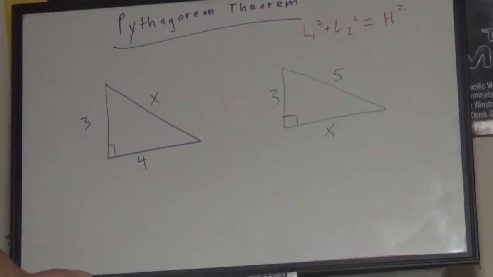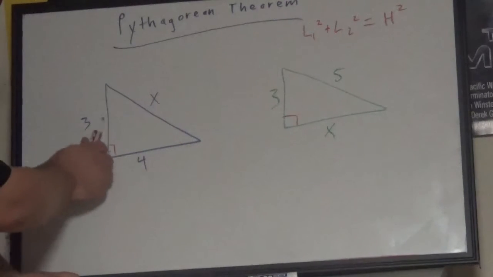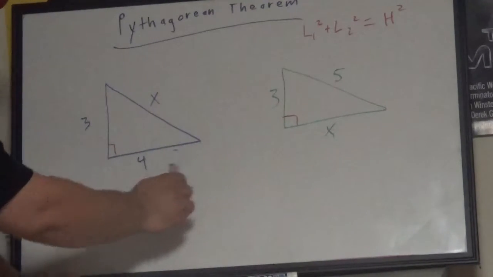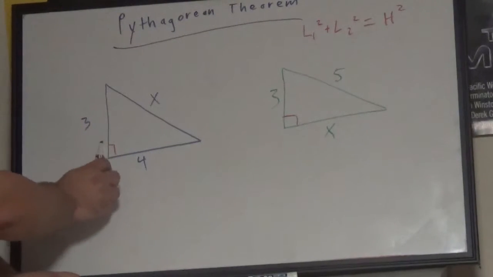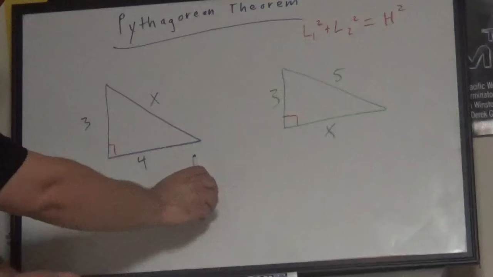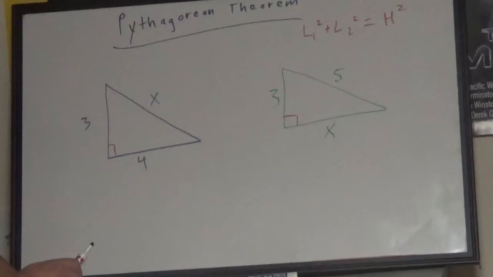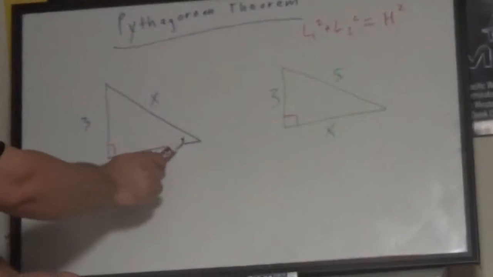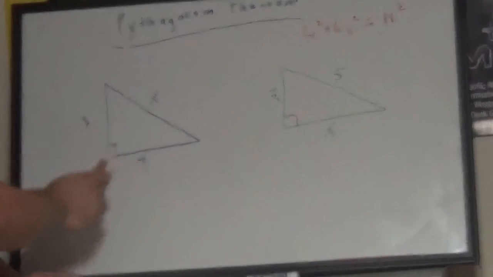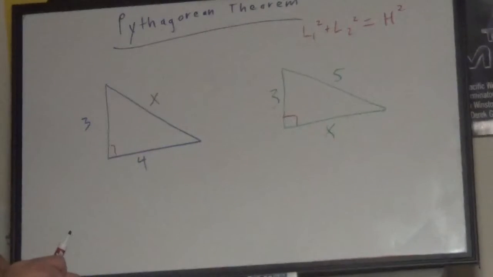The legs are the two sides that are coming out of the right angle. They're connected to the right angle. For instance, here's the right angle, and the two sides that are connected to it are the legs. The side not touching the right angle, that's across or opposite the right angle, and which is also the longest side, that is the hypotenuse.